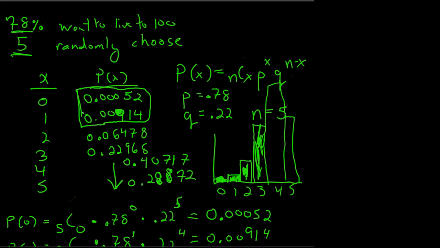If you did the survey and no one said they wanted to live to be 100, that would be an unusual result grabbing 5 people randomly, because of how the binomial distribution works out. Or if only one person said they wanted to live to be 100, then that would also be an unusual result because of these probabilities being less than 0.05. And so unusual things are less than 5%.